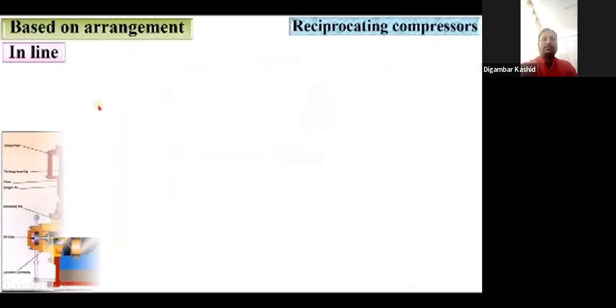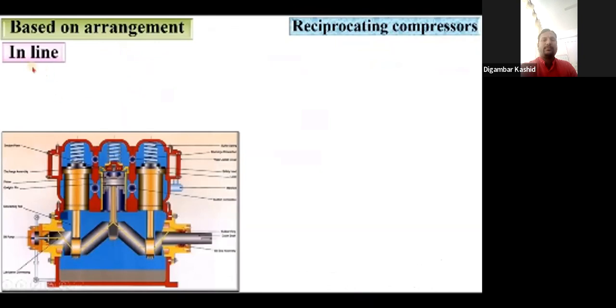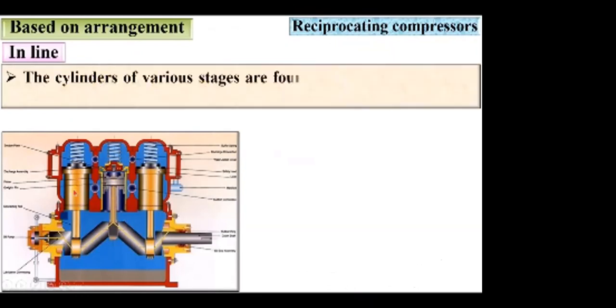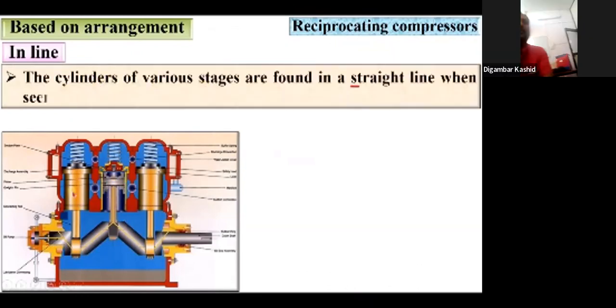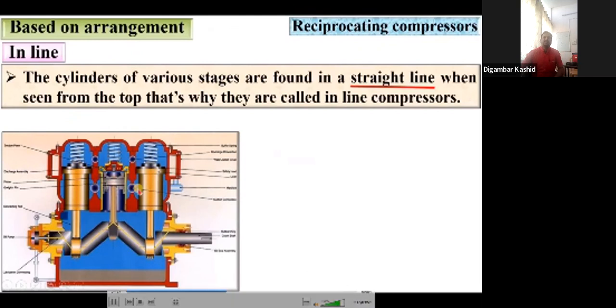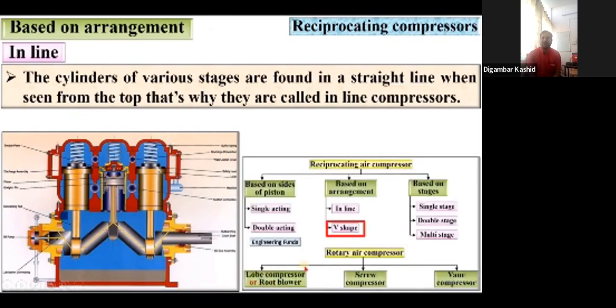Now next, based on arrangement, it is classified as inline and V-shape. So here you can see inline. The cylinders of various stages are found in a straight line when seen from the top. That's why they are called inline compressors. Now next one, V-shape.